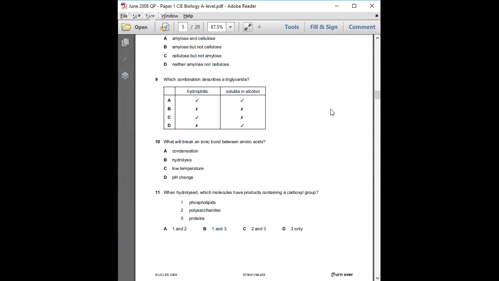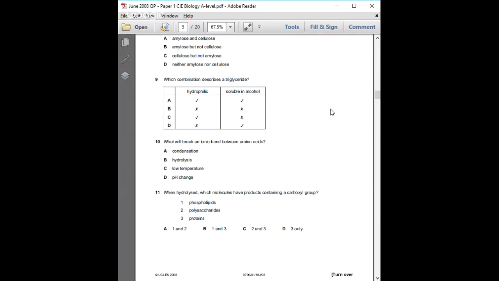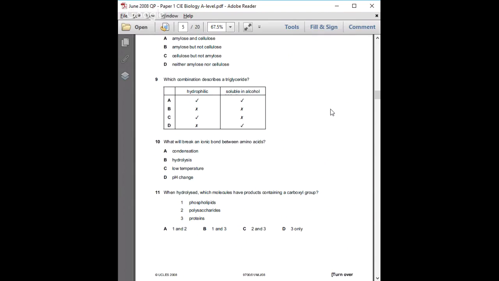Well, it could maybe, but it makes more sense this way. Also, they're talking about breaking ionic bonds specifically, and if you decrease temperature, you aren't going to be breaking any bonds.